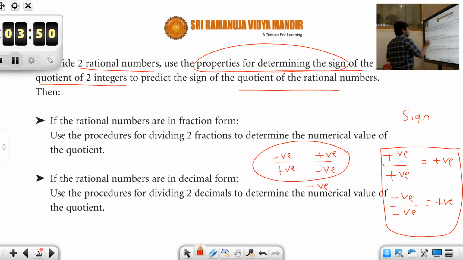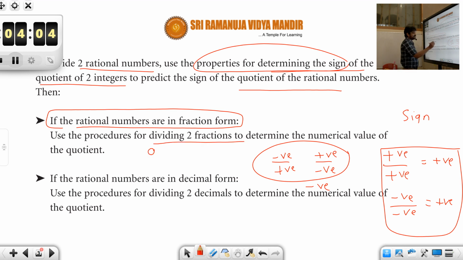So if the rational numbers are in fraction form, you already know how to divide 2 fractions. You know the procedure. Suppose you have to divide a/b divided by c/d, how do we do this? a/b divided by c/d, we can write as a/b multiplied by the reciprocal of c/d.